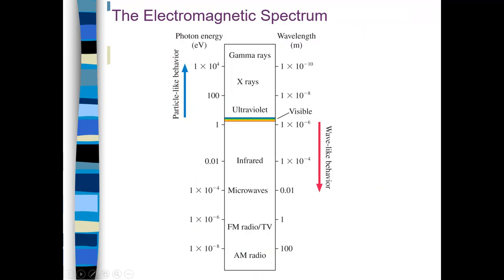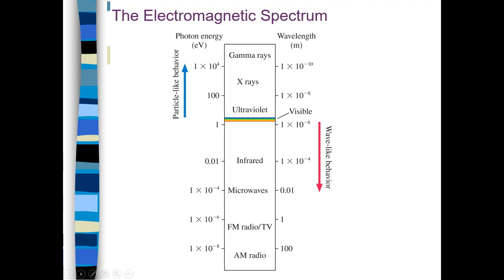Okay, now all of this comprises what's called the electromagnetic spectrum. You probably have had classes before where they've talked about electromagnetic spectra, and you can see that as the energy goes up, you get greater intensity of light, and the wavelength gets smaller and smaller.